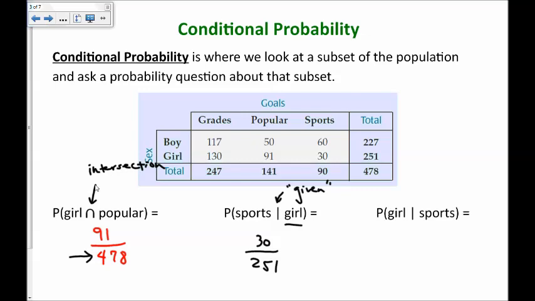In this one, we're looking just at sports. Of the 90 students who said their primary goal was to do well in sports, 30 of them were girls. Those are two very different questions, even though they're the same subset of 30 girls who want to do well in sports. The condition is different, and so the probability is different.